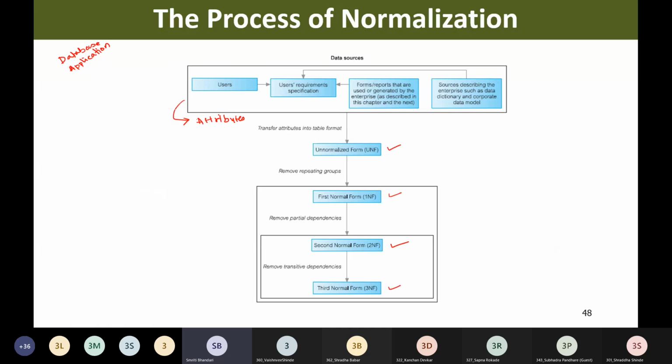We were talking about the process of normalization. So we have three basic normal forms: first normal form, second normal form, and third normal form. As we proceed with these normal forms, they are imposing more and more stringent rules on our database.